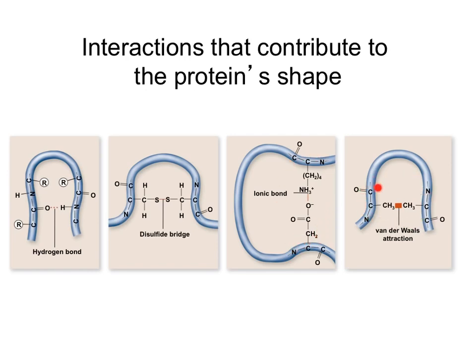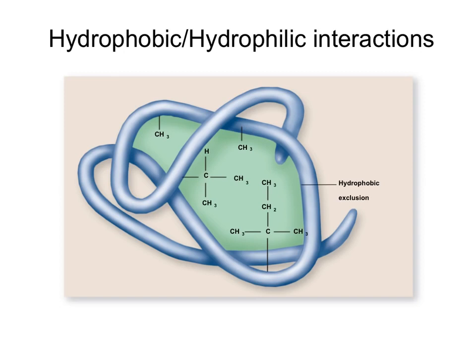Or they can form van der Waals attractions, which are interactions between hydrophobic amino acids. Hydrophobic amino acids want to shield themselves from the hydrophilic environment, or the water around them, so they form these hydrophobic exclusion areas in which they're all folded onto themselves. All these interactions result in the tertiary structure of the protein.